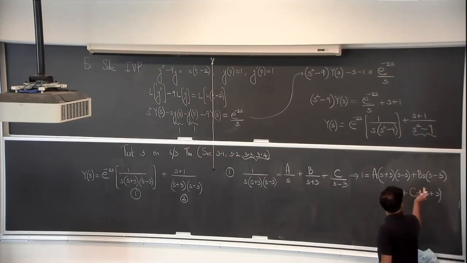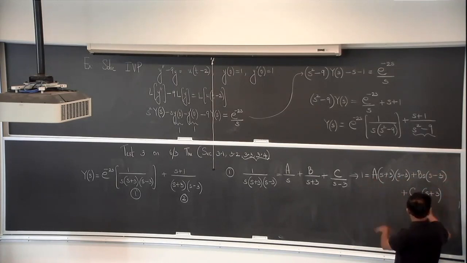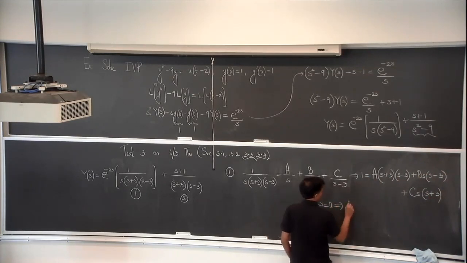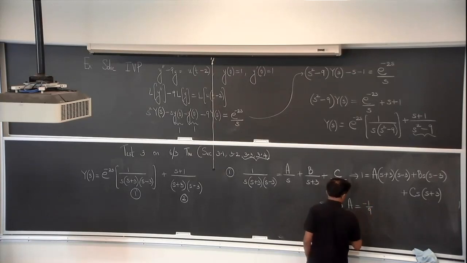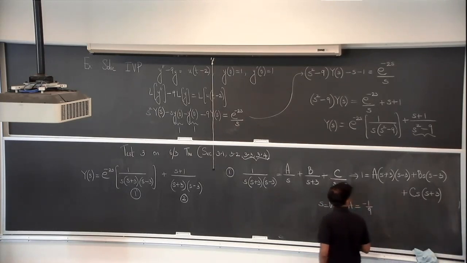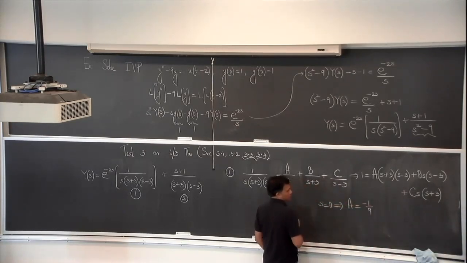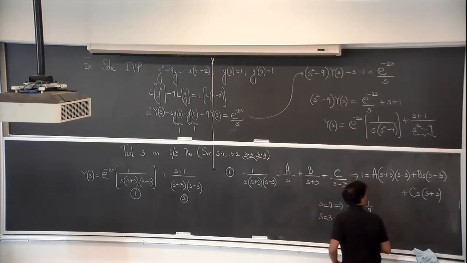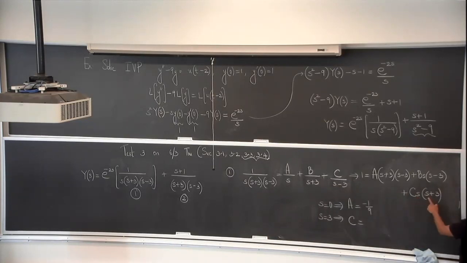All right, do your usual cover up method. So s equal to 0 would cover up the second and third terms. You get a equal to negative 1 over 9. s equal to 3 will give you, so it's going to be a 3 there and a 3 plus 3 here.